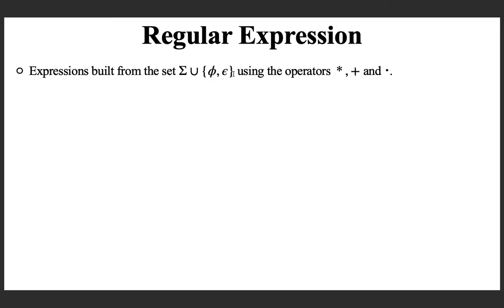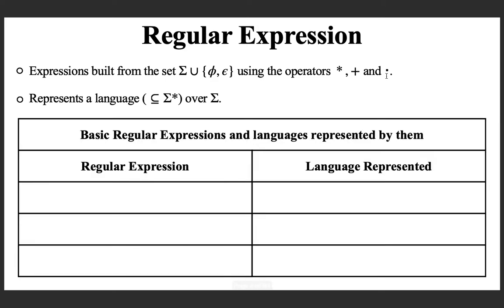So basically expressions built over the alphabets and these two symbols using the operators star, plus and dot, and they represent languages over the given alphabet set. We can see the basic set of regular expressions are built on these objects.